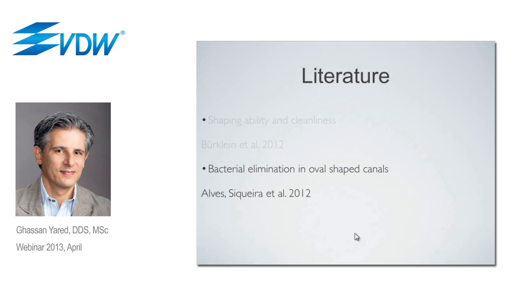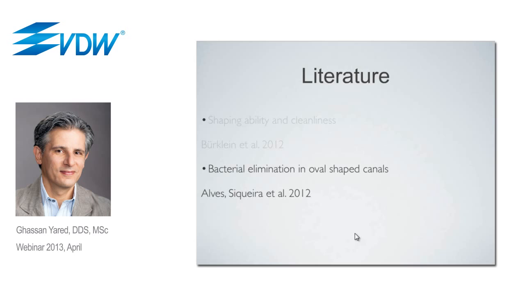So in this study, they showed that as long as the same amount of irrigation was used and the same canal preparation diameter was obtained, and if the canals were exposed for the same time to the irrigant, the bacterial elimination is comparable between single file reciprocation and continuous rotation.